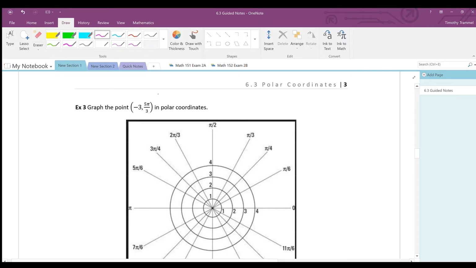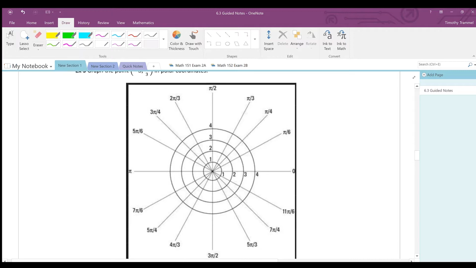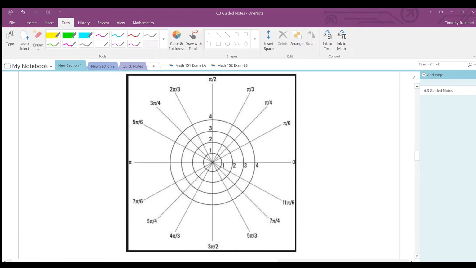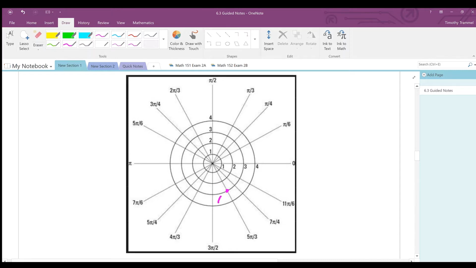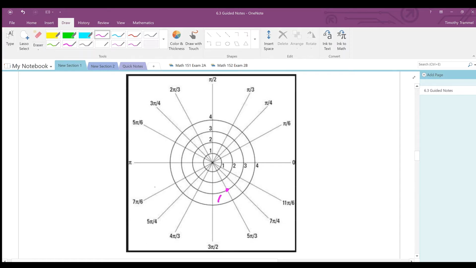And our angle here is 5 pi over 3, so let's go ahead and find that. So here's 5 pi over 3. There we go. So this point right here, if we go back up here, it's 3 comma 5 pi over 3. But this isn't what we wanted. We wanted -3 comma 5 pi over 3.